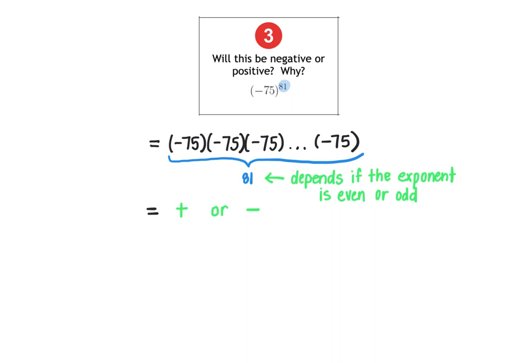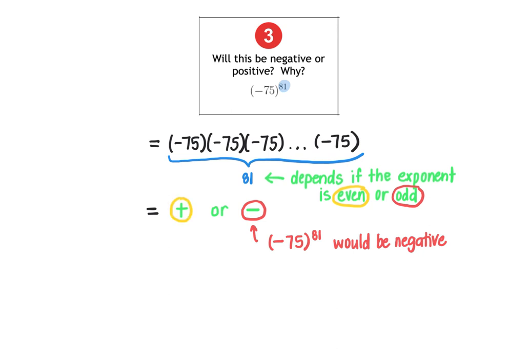Because in this case we have an odd number, there would be an odd number of negatives being multiplied together, which would result in a negative final answer. If that exponent had been an even number, it would wind up matching up all of the negative signs to become positive, so the overall answer would be positive.